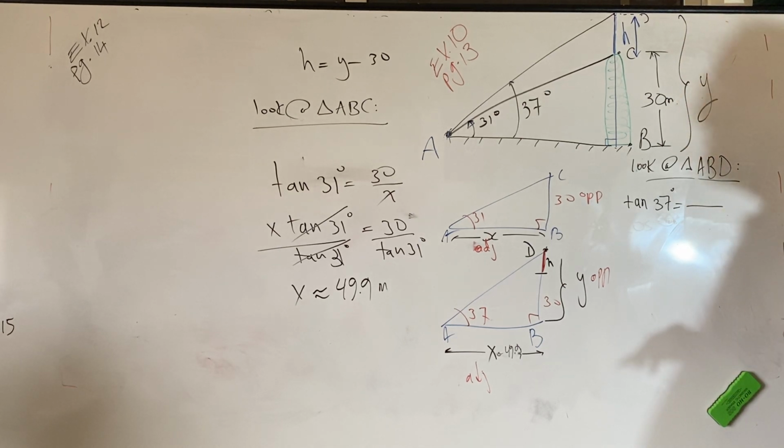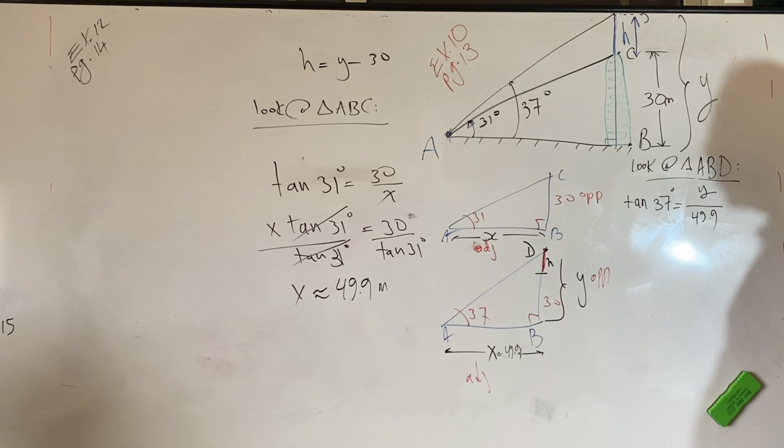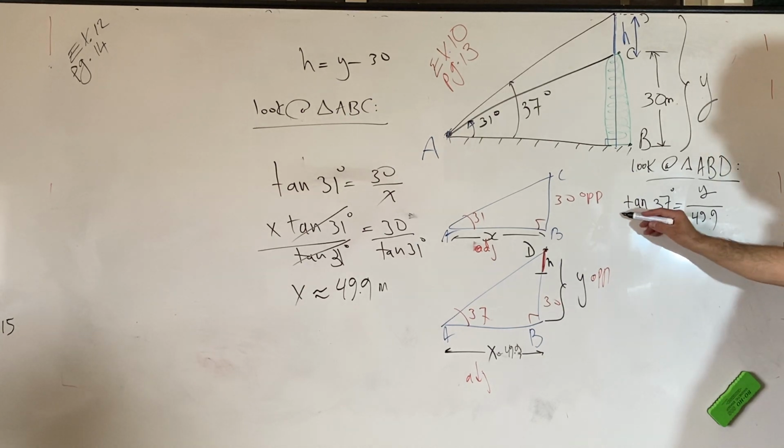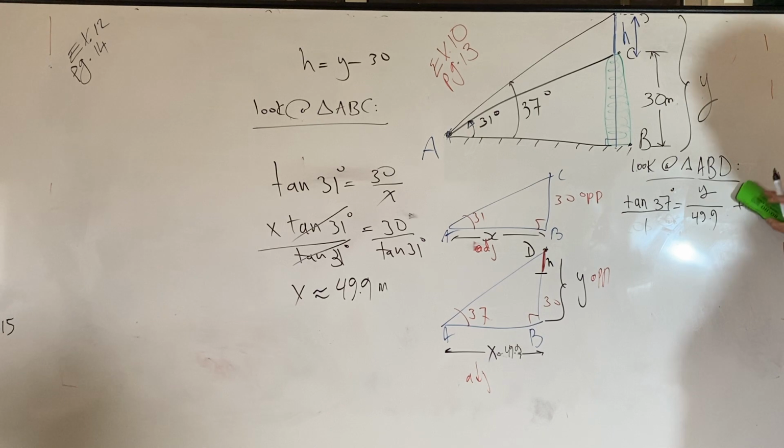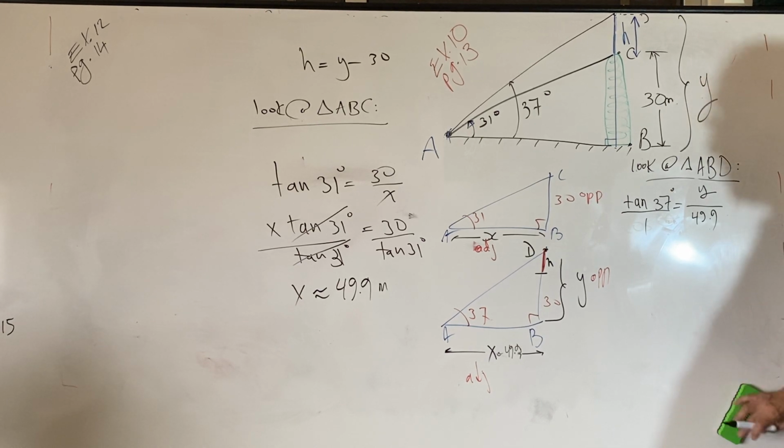By the way, I already made a mistake somewhere, but I'm not going to tell you where. The opposite is called y, and the adjacent is called 49.9. Always cross multiply. When you have two fractions, numerator, denominator, on both sides of the equation, that's different. And I told you that. These are basic skills. Cross multiply, you're so lucky.